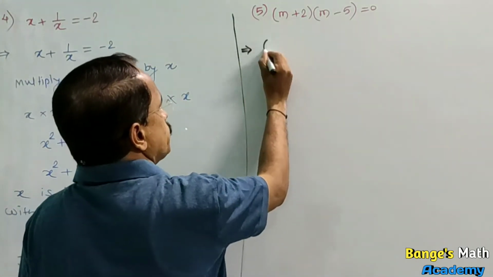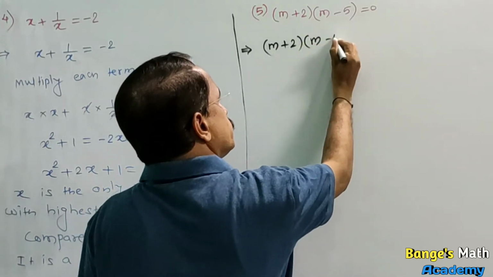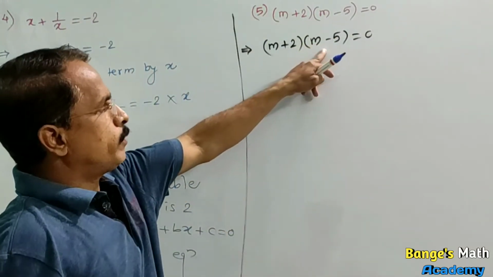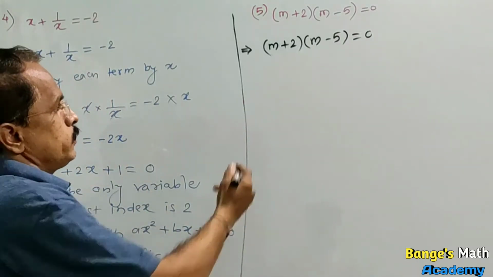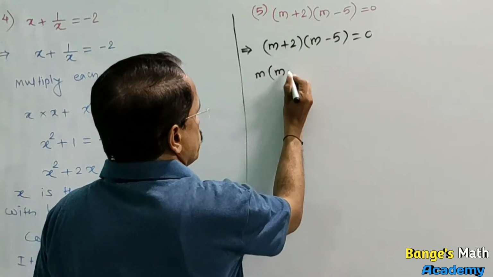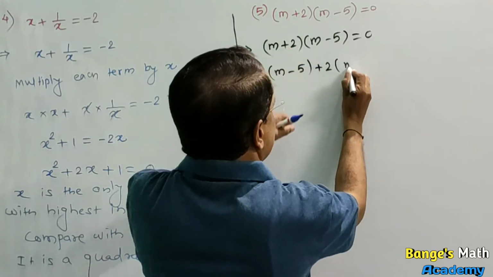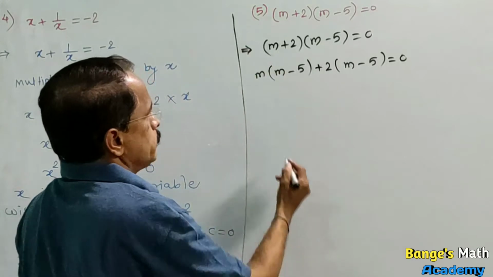Then see the fifth example, bracket m plus 2 into m minus 5 is equal to 0. First of all, write down the given example as it is. M plus 2 into m minus 5 is equal to 0. Simplify this. M into m minus 5 plus 2 into m minus 5 is equal to 0. Simplify this.